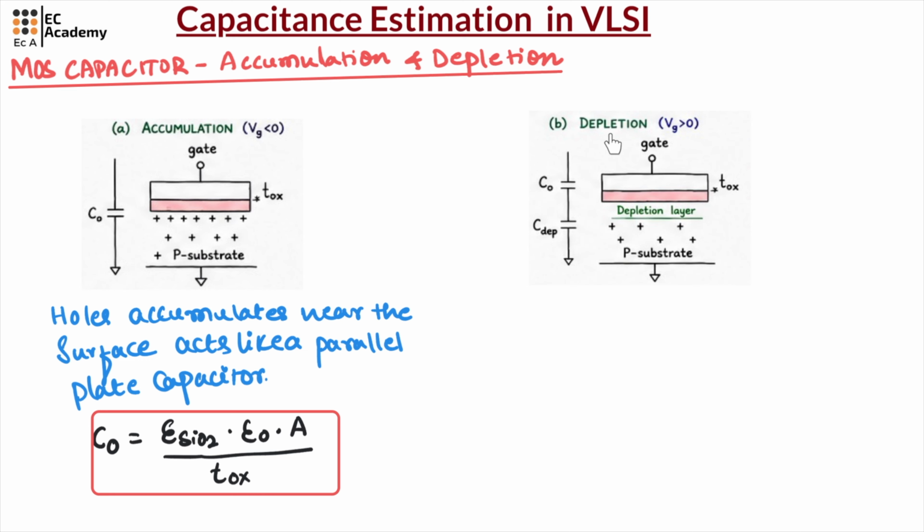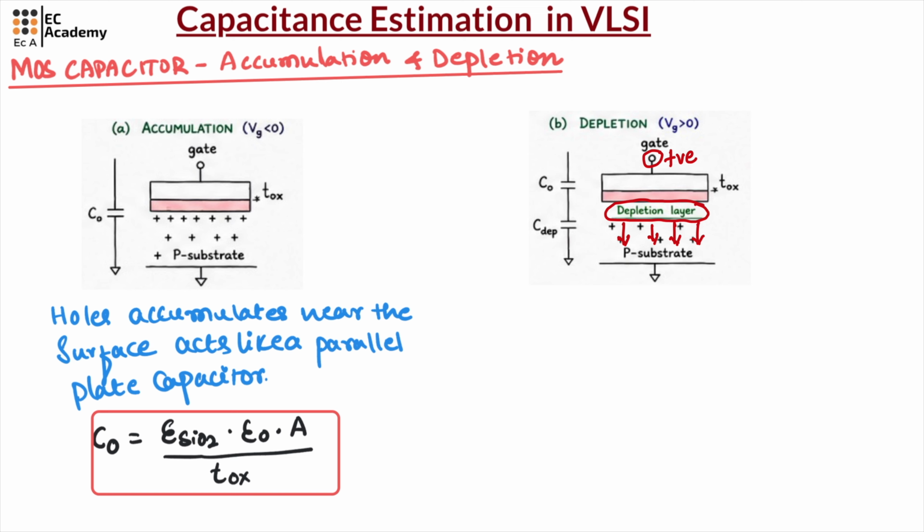Second, we have depletion mode, where Vg will be greater than 0. If Vg is greater than 0, which means a positive voltage is applied across the gate, this positive voltage pushes the positive holes away, creating the depletion layer.